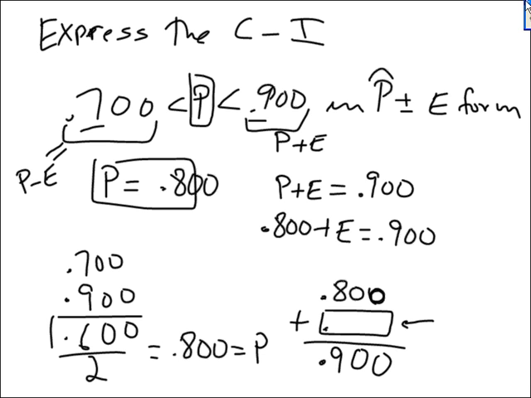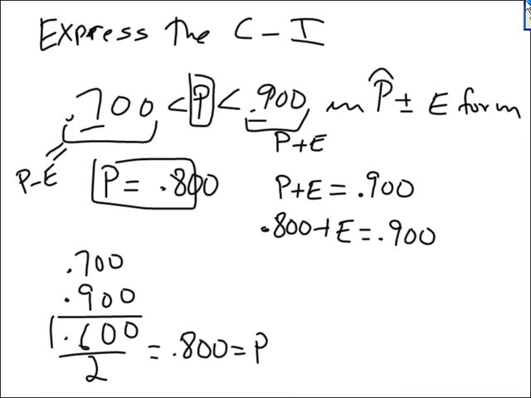Well, 0 plus 0 gives me 0. I have 0 here. I add another 0, I get 0. I have 8 here. I add 1, that gives me 9. So 0.100 is my answer. That's one way of getting 0.100. Another fairly easy way is 0.8 plus 0.1 is 0.9.